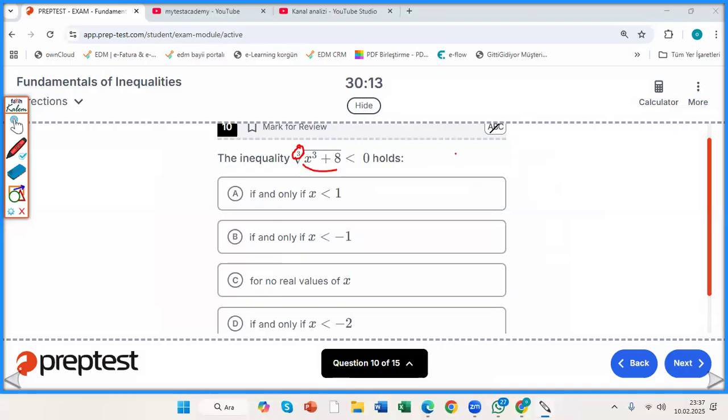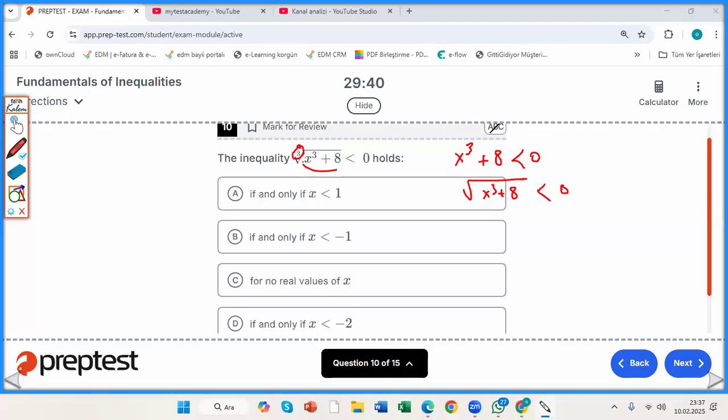What I mean, no problem. X cube plus 8 is less than 0. No problem. It is okay. It is possible. But if you saw it, for instance, like that, you would say it is impossible.